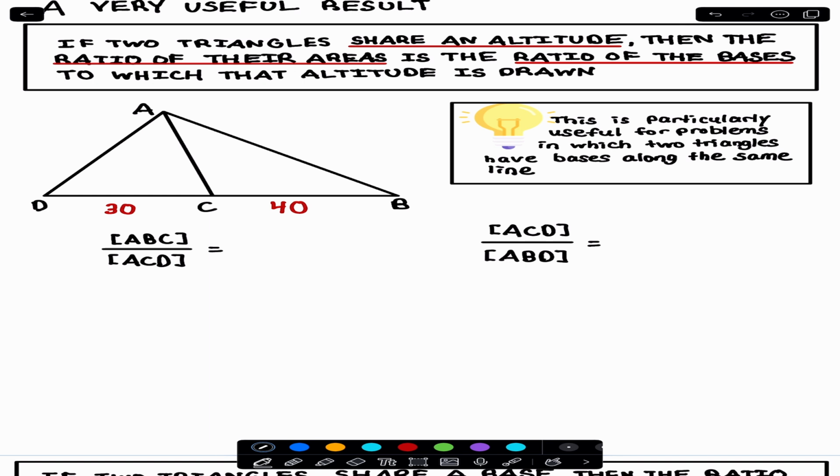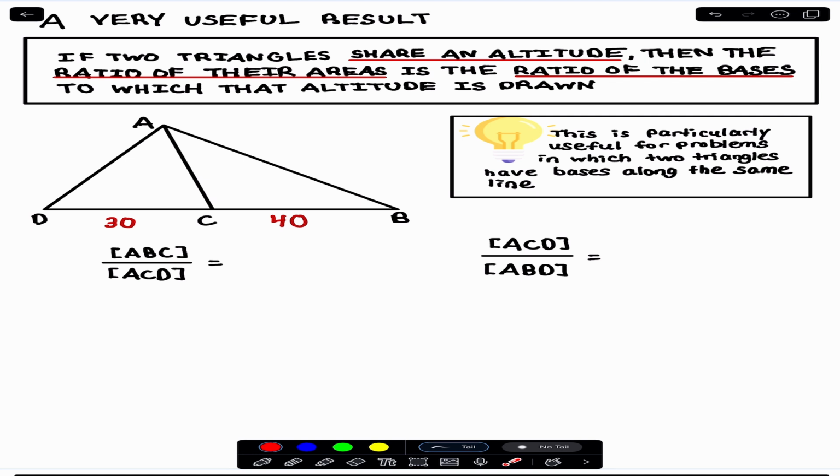Alright, so I'm back with the actual problems because for some reason they just disappeared, but basically this is what we're trying to find. So you can see triangle ABC and triangle ACD both share the same altitude coming down from point A, and then our result says the ratio of their areas is the ratio of the bases to which that altitude is drawn.